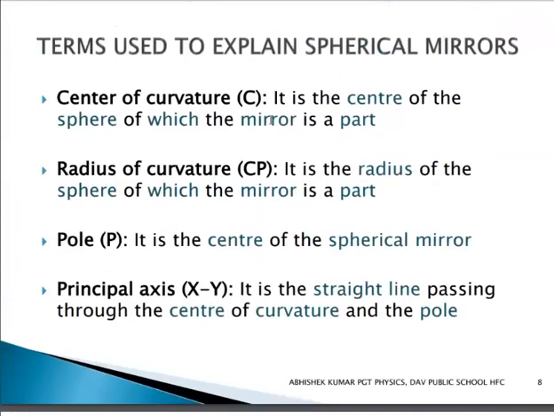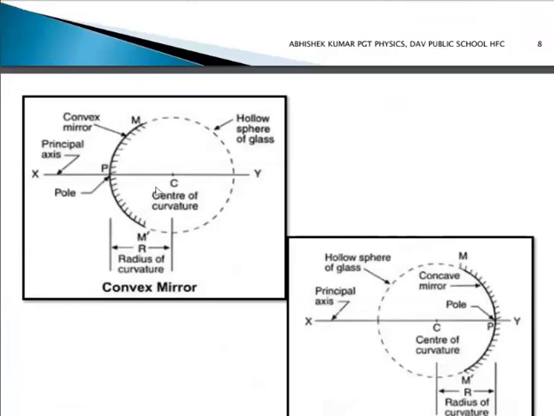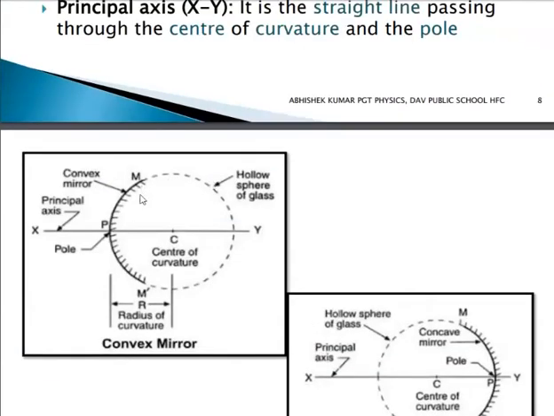As we have discussed, it is denoted by C. Next thing is that we have to learn about pole. So this is the spherical mirror. The central point of this spherical mirror is here, because this point divides the mirror in two equal parts. This is called pole. So the central point on the spherical mirror itself is called the pole of the mirror, and the distance between the center of curvature and pole is called the radius of curvature.